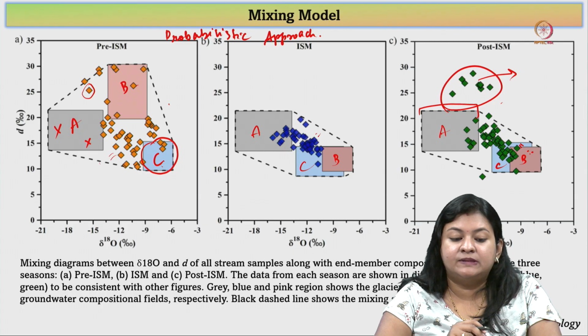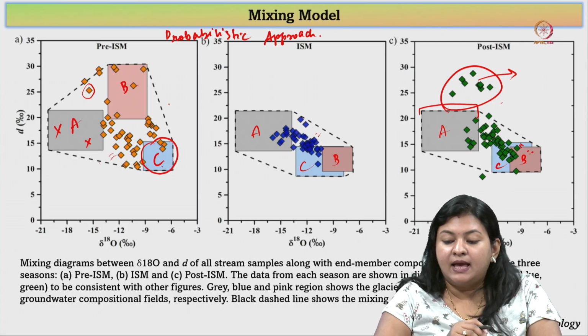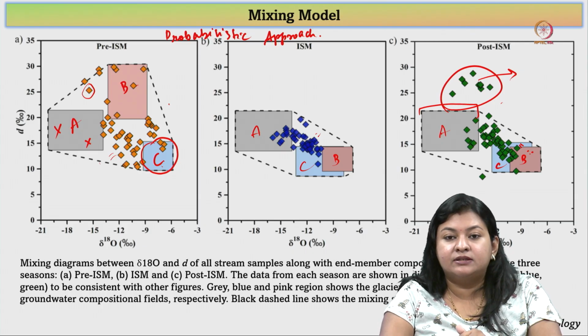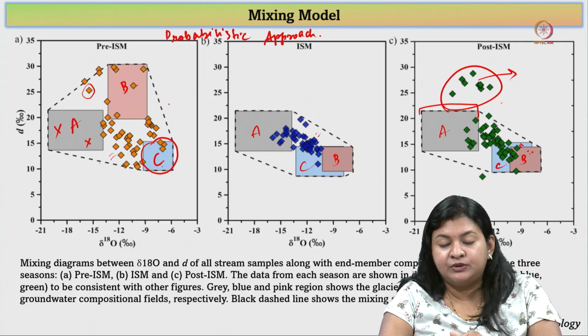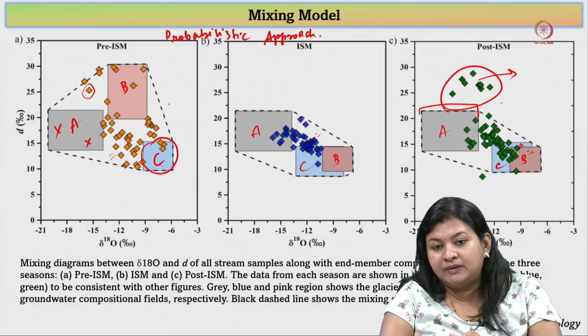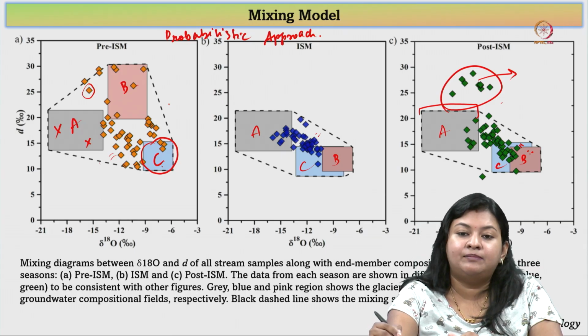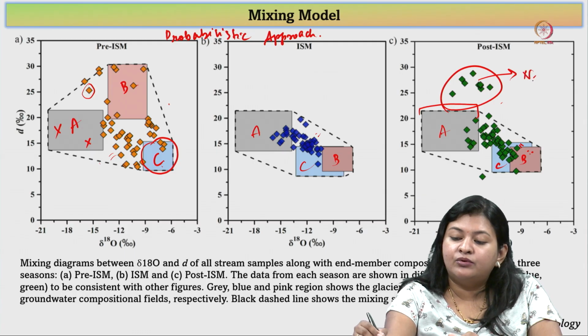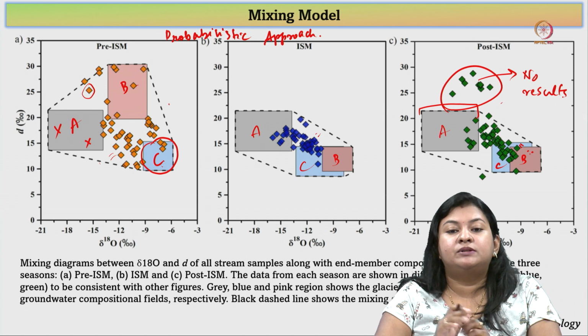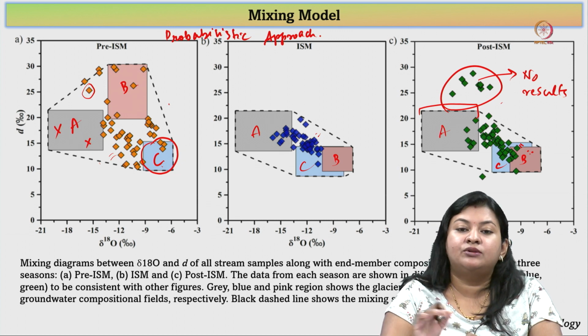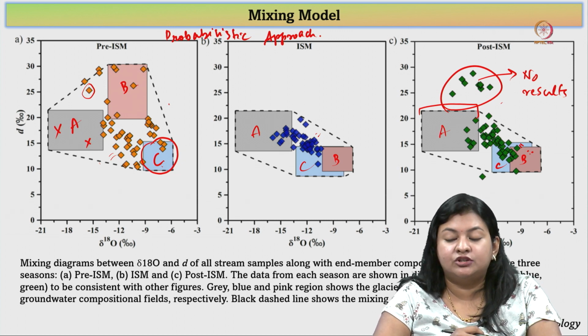Their compositional spaces are very different as compared to here in this last figure, where you have some data which is falling outside of the mixing space, because for these data points you will get no results. You will not be able to generate results, because this is outside your mixing space. You will not be able to converge the model, you will not be able to get the results.